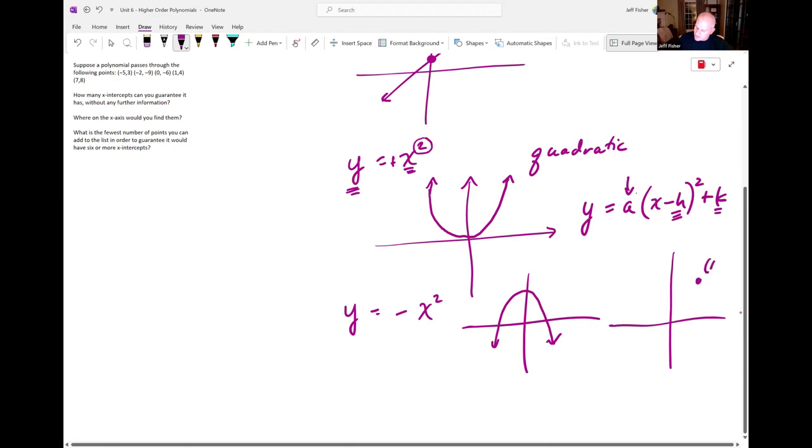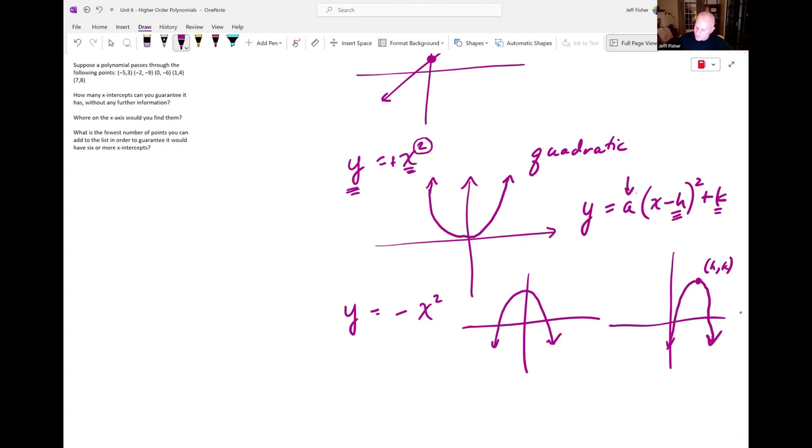So this would be (h, k). If it opens down, it's going to look like this. And if it opens up, it would look like this.